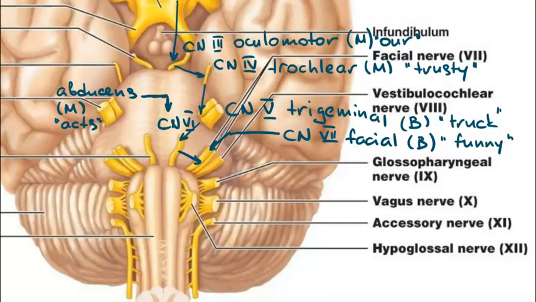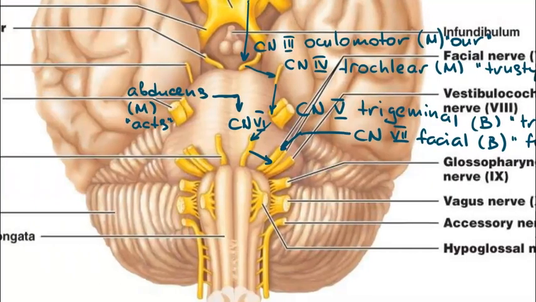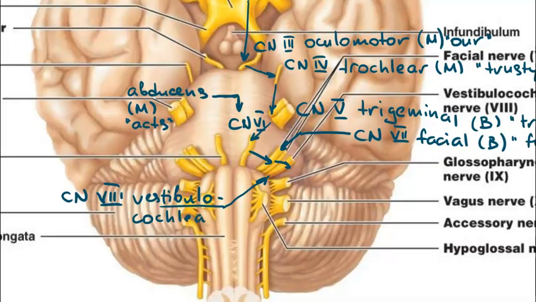Very close to cranial nerve 7 is cranial nerve 8, vestibulocochlear, an entirely sensory nerve, and the word is "very".